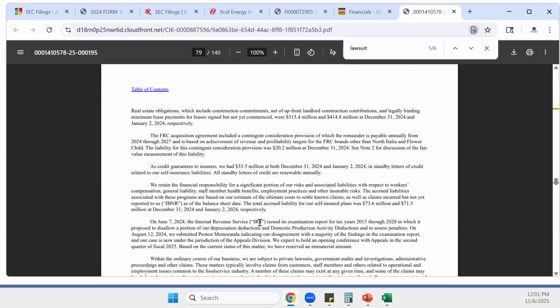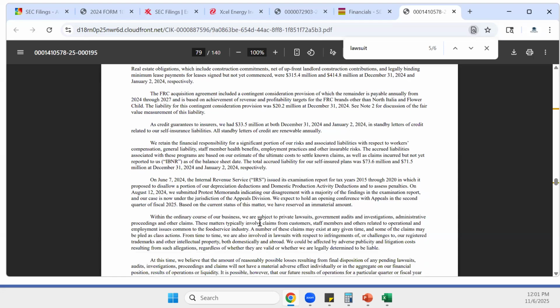And then, oh no, on June 7th, the IRS issued an examination report for tax years 2015 to 2020, in which it disallowed a portion of our depreciation deductions for domestic production activity deductions, which is basically if you build, there are some special deductions for property investments in the United States.